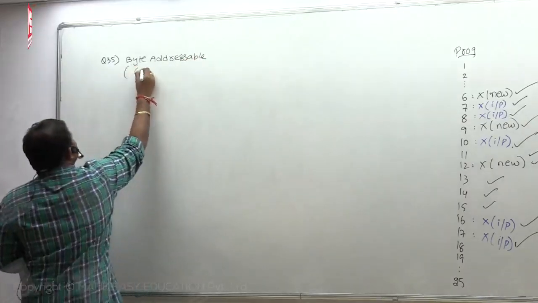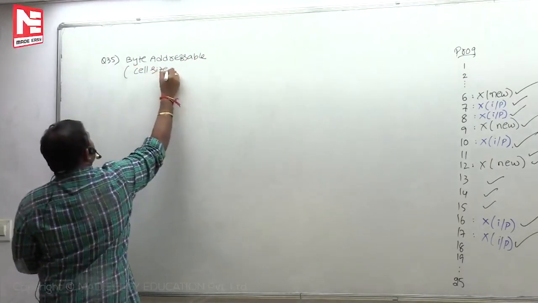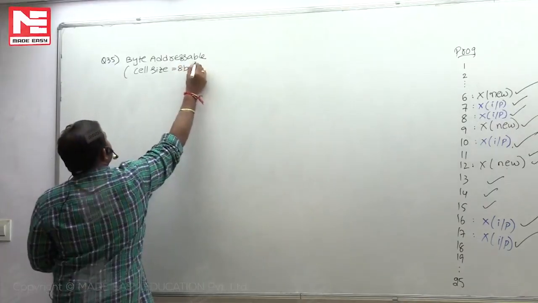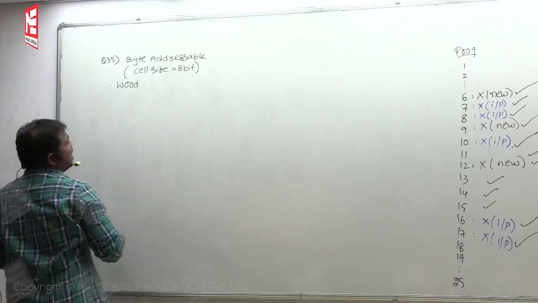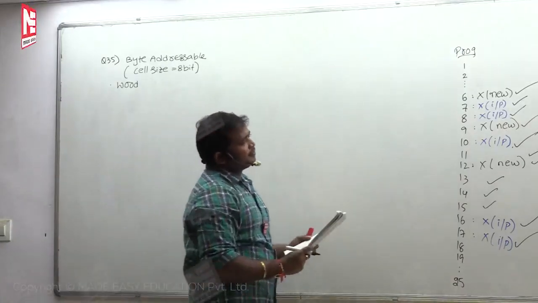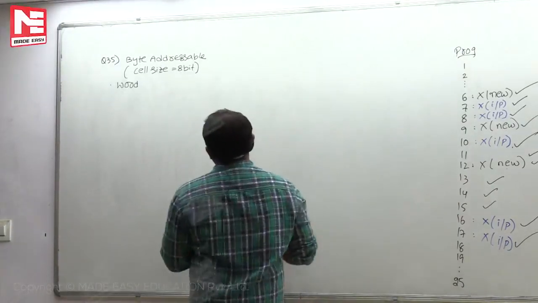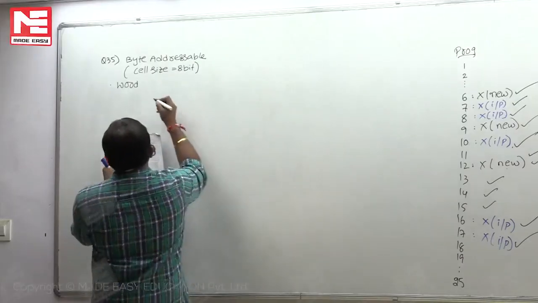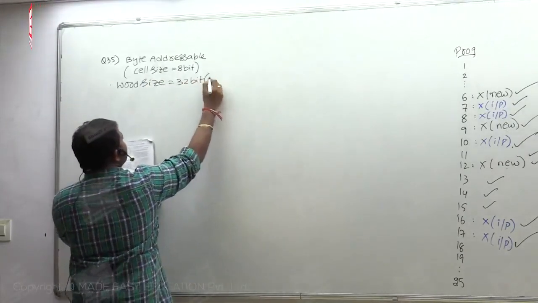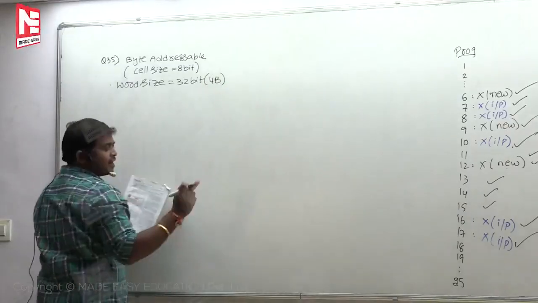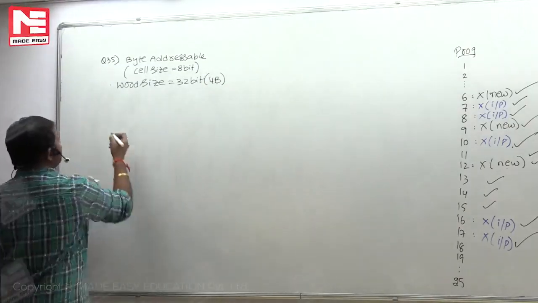Byte addressable means cell size equals 8-bit. Instructions are in word format. What will be the word size? Given in the question, 32-bit. 32-bit means 4 bytes. So one word requires 4 cells of storage space.